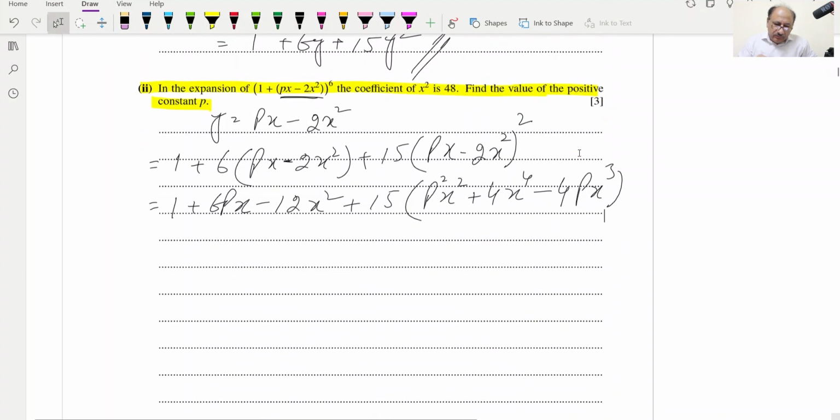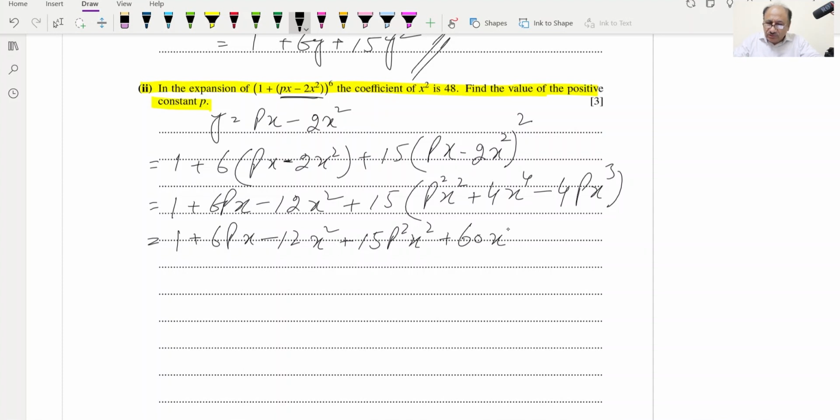Now we can open the brackets as well: 1 + 6px - 12x squared, and multiplying the 15 inside the bracket, we get 15p squared x squared + 15 times 4 is 60, so 60x^4, minus 15 times 4, again 60px cubed.